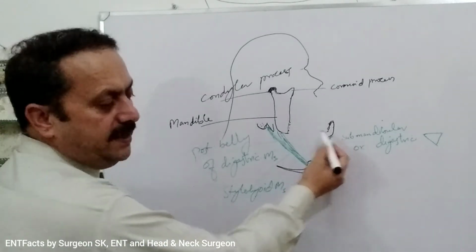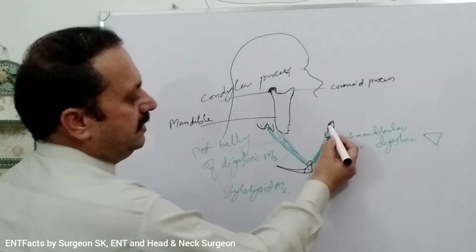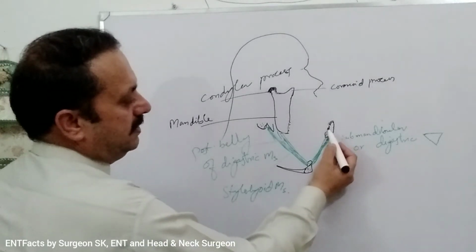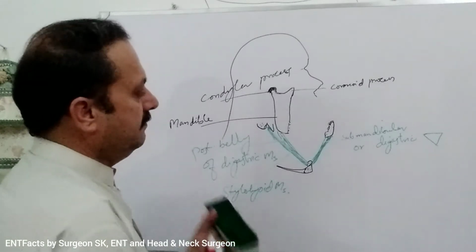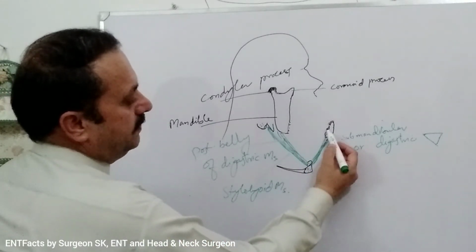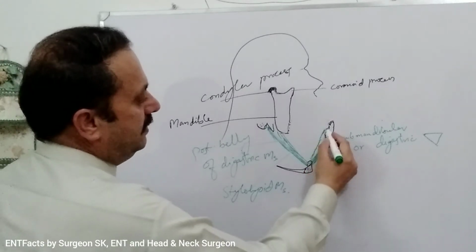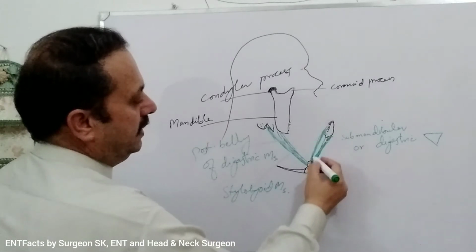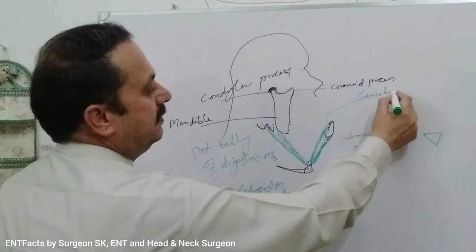This is the inferior genial tubercle because there is another one which lies above this, the superior genial tubercle. From this inferior genial tubercle, a muscle arises and attaches to the hyoid bone. The name of this muscle is the geniohyoid muscle.